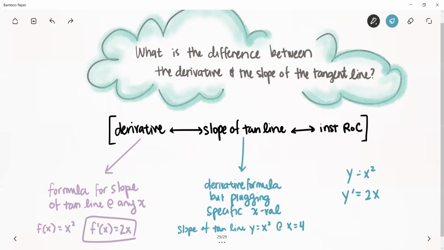Slopes are constant numbers. So if you let x equal 4, you're going to get y prime equals 2 times 4, which is 8. And that's more of an answer that you would be giving, right? This is how you know you're done, is if you plugged in your value.